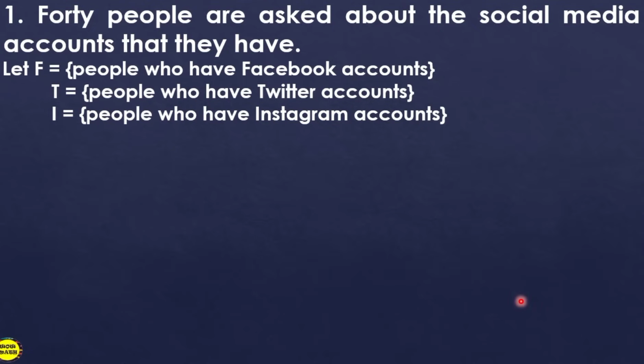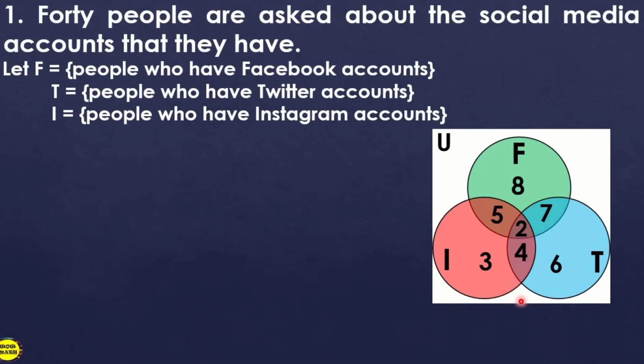We will be representing Facebook as F, Twitter as T, and Instagram as I. Ang Venn diagram natin ay given, kasi merong cases na kayo po ang gagawa. In this example, given po muna ang ating Venn diagram.